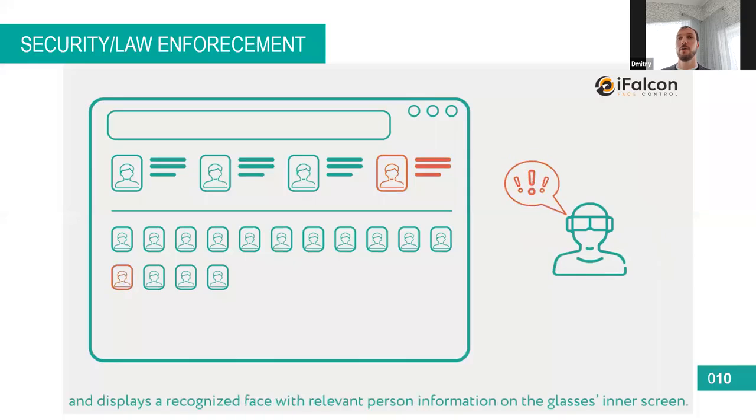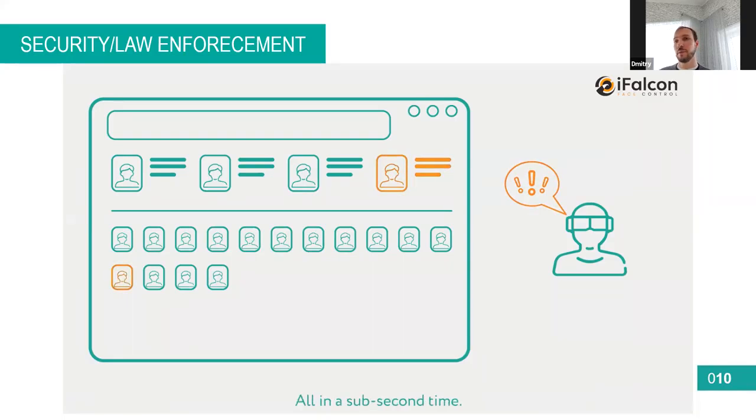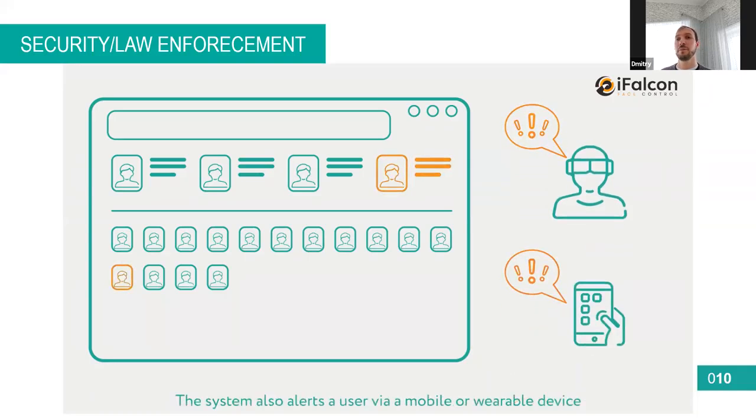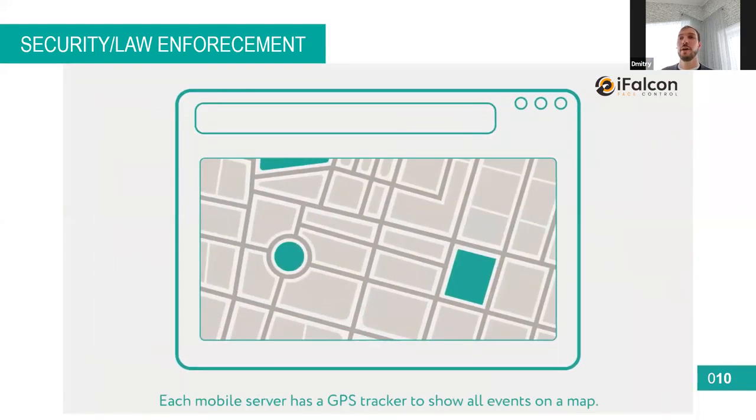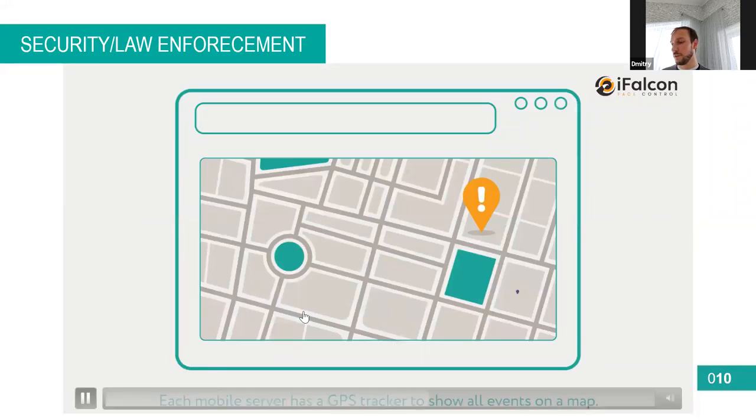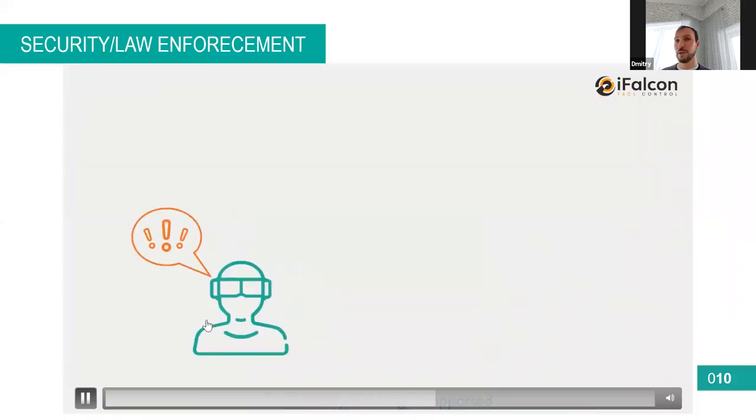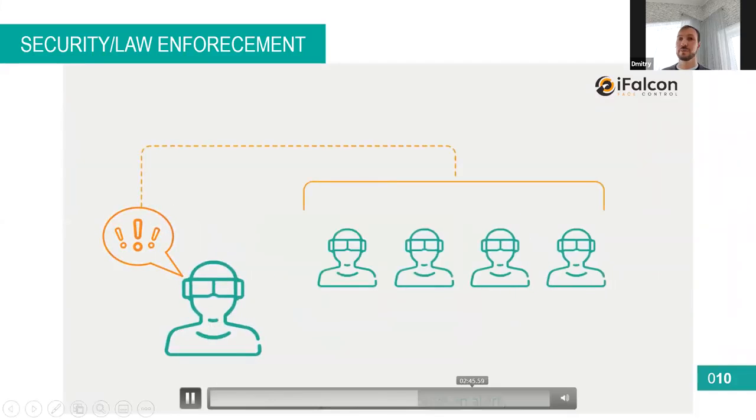And we allow the police officer to get alerts directly in the smart glasses when the person who comes in front of him is matched to the database and recognized. So the camera of the smart glasses or the body cam detects this person and then sends the alert once this person is matched with the database of faces.